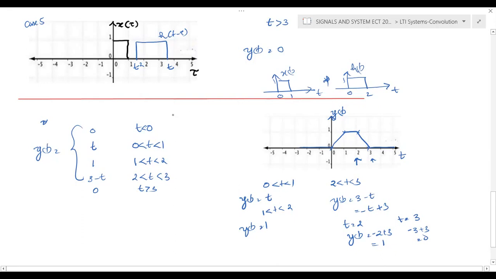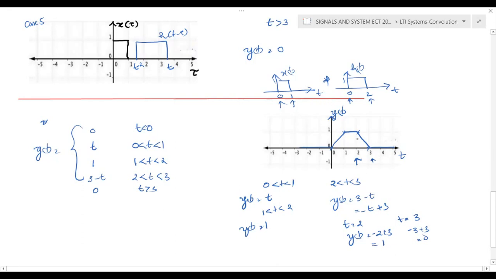This is actually a trick you can remember when you approach problems with different widths. You can see that the first signal starts from 0, because here it is 0 and here it is 0, so 0 plus 0 is the starting point. Similarly, the end point: here it is 1, here it is 2, so 1 plus 2 is 3, the sum of the pulse widths.